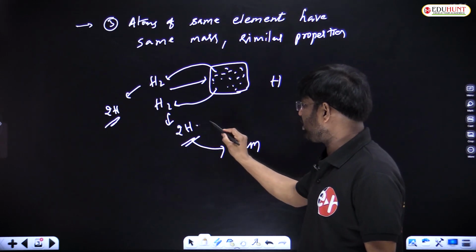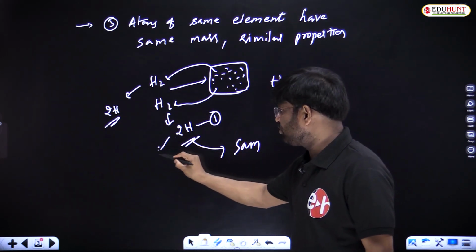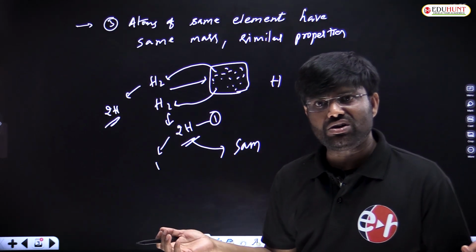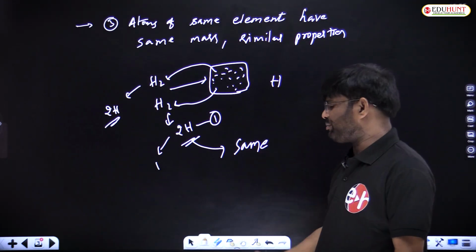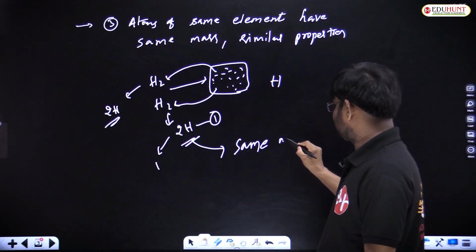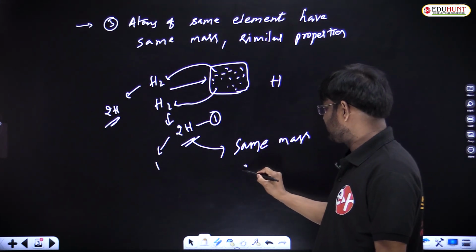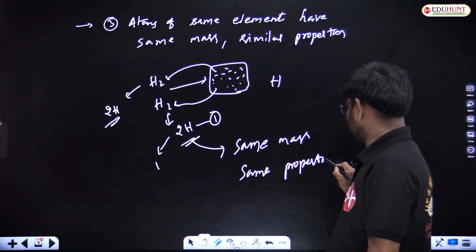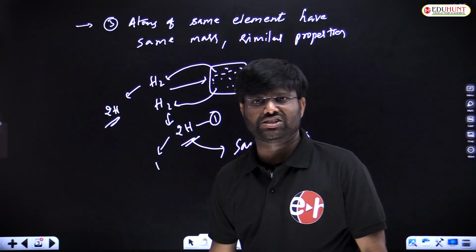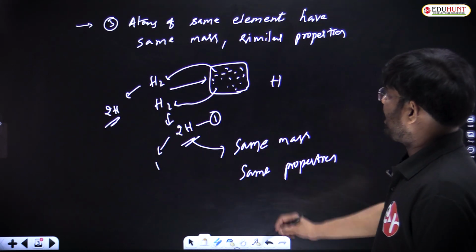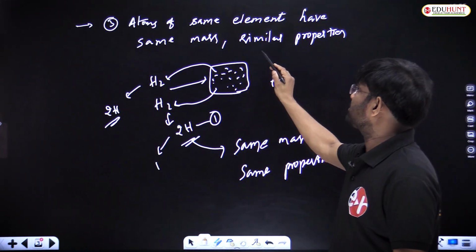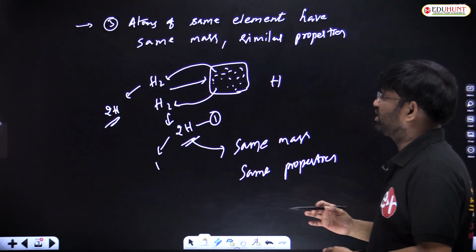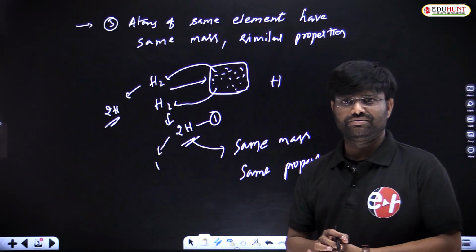This hydrogen is 1, this hydrogen is also 1. The mass is the same. If the mass is the same, the properties are also the same. So this is the third point. Understanding, children? Atoms of the same element have the same mass and similar properties.